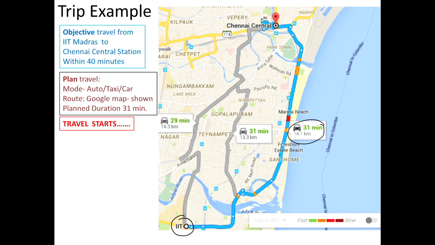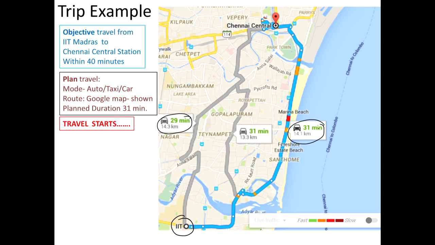There is actually a second option at 31 minutes too, and a third option which takes less time, 29 minutes, but for many reasons, being a Chennai resident, I am deciding to take the 31-minute route along the Marina Beach, because I probably like to drive along the beach, or there are other reasons, but it gets me to Chennai Central within my stipulated time frame. So, I am going to choose this as my option. Now, my plan from here says 31 minutes.